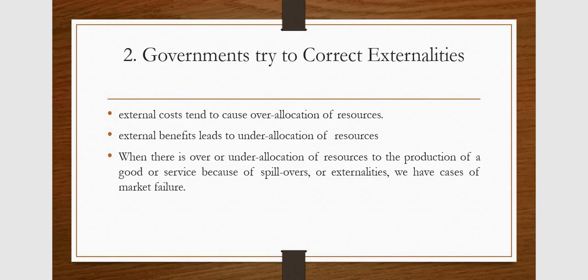Then when it comes to the negative externality or the external cost, that one you are losing. So assuming there is a factory closer to you which emits pollutants into the air or the water. This pollutant will affect the whole ecosystem, right?